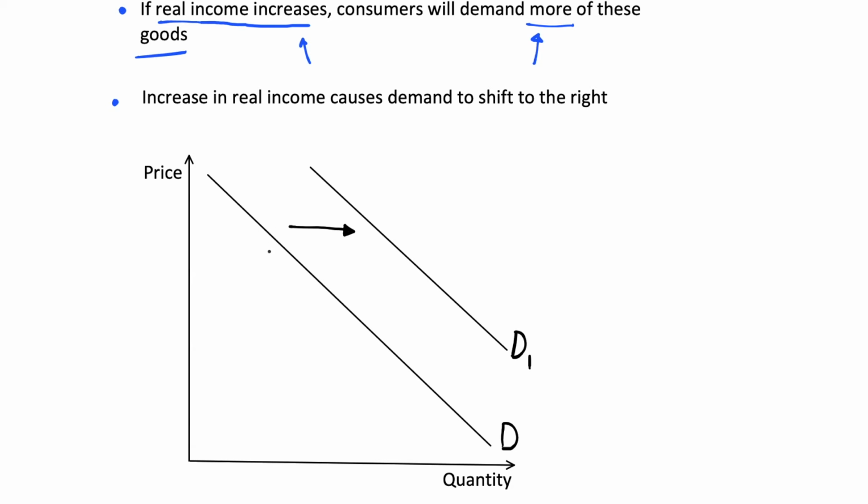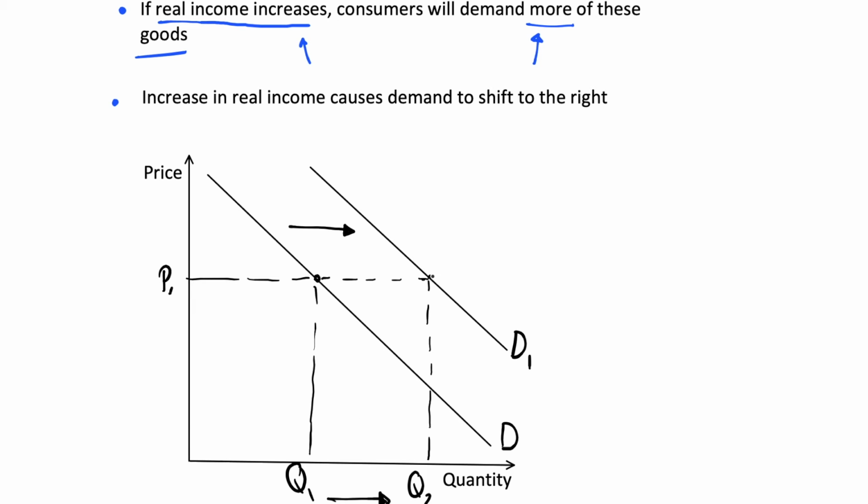And in the previous video we discussed what a shift to the right meant, which means that at every price level, if we consider this price P1, the demand was initially only Q1, but now that we've had an increase in real incomes, our demand is going to be higher at every price level. So this is what happens for a normal good.